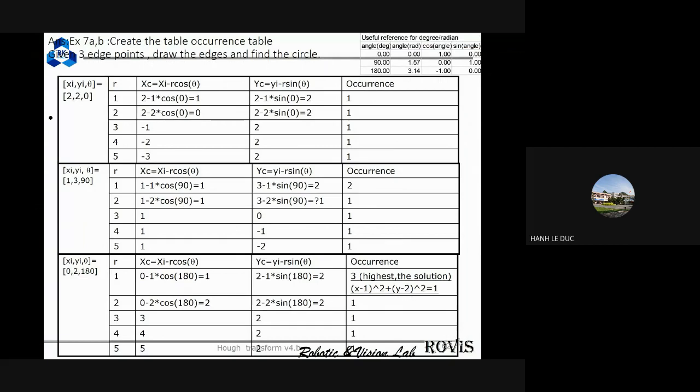The procedure is similar to HoughLines, okay? Just calculate the number of times xc and yc appear, right? So it appears 1. Here the result is similar. So xc yc appears 2, right? This one, oh okay, it also appears one more time. So it's 3 times.